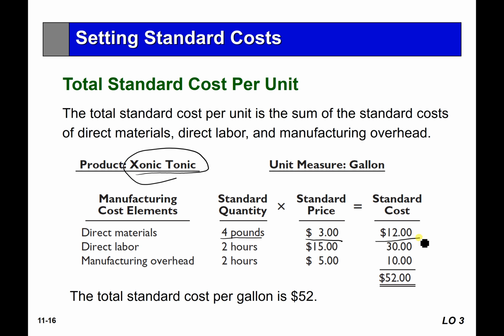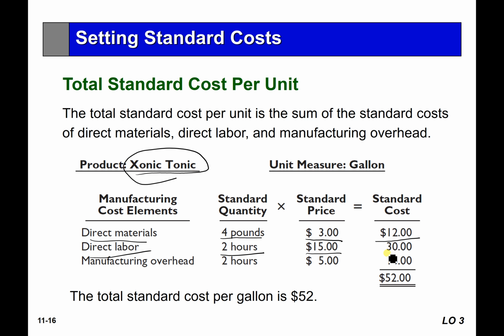The total standard cost for direct material is $12 for each of that gallon. For direct labor, it is 2 hours for standard quantity of labor. Remember, it takes away that downtime, rest time, that we were talking about. So it has that standard price. This price also includes the vacation pay for the employee.